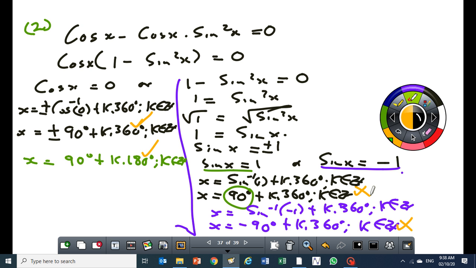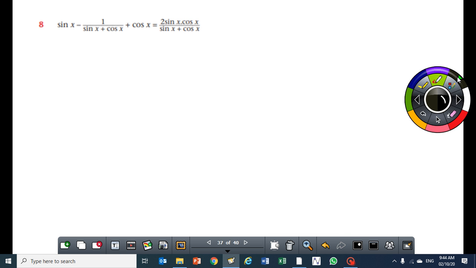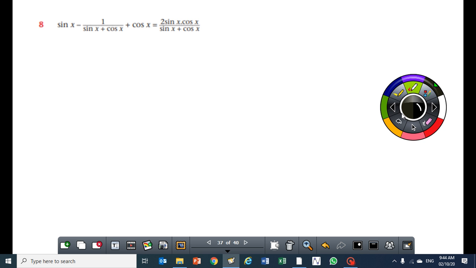Fortunately, our denominator on the left is sin x plus cos x. The denominator on the right is sin x plus cos x. So this identity will be undefined when sin x plus cos x is equal to 0. Now, to carry on here, you can't factorize.